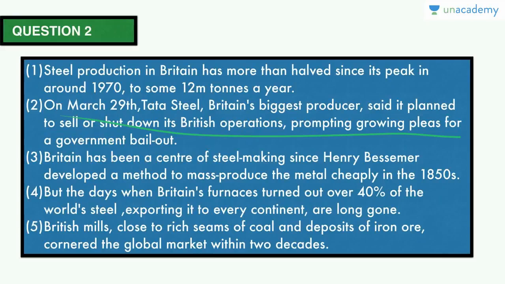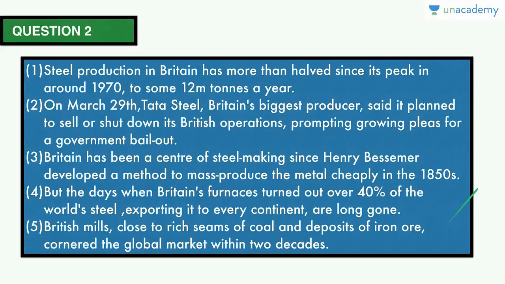Britain has been a center of steel making since Henry Bessemer developed a method to mass produce metal cheaply in the 1850s. Looks like an opener. But the days when Britain's furnaces turned out over 40% of the world's steel, exporting it to every continent, are long gone. British mills, close to rich seams of coal and deposits of iron ore, cornered the globe market within 2 decades.